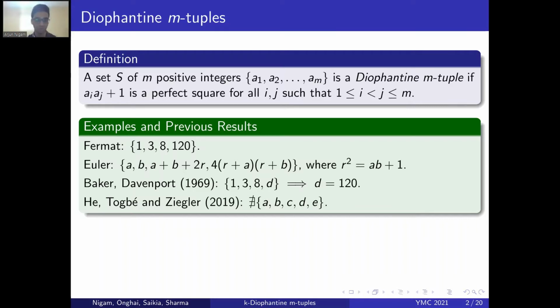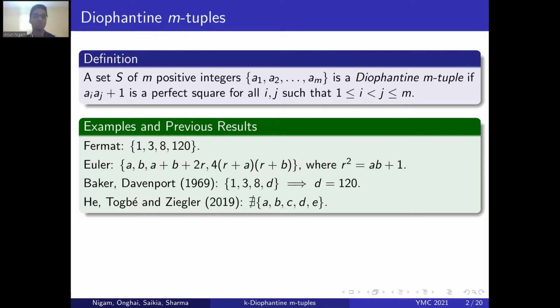Euler gave a more generalized formula, which works for any positive integers A and B. We also have a result by Baker and Davenport, which says that given a Diophantine quadruple which contains 1, 3, and 8, it is required that the fourth element be 120, which means that 1, 3, and 8 can only be extended to a Diophantine quadruple in one way.